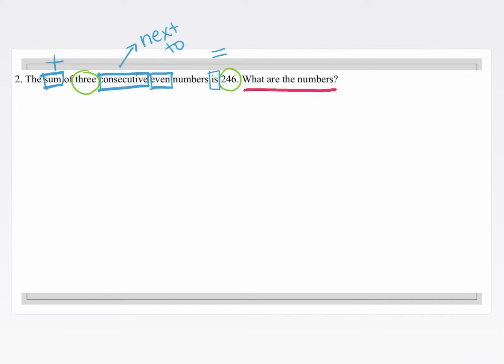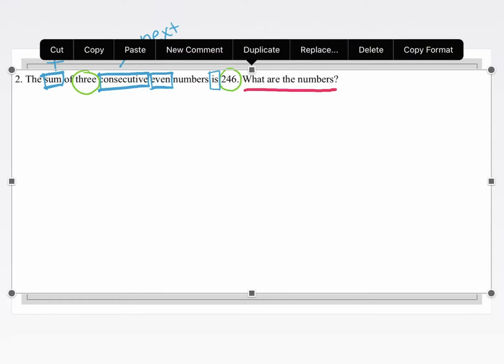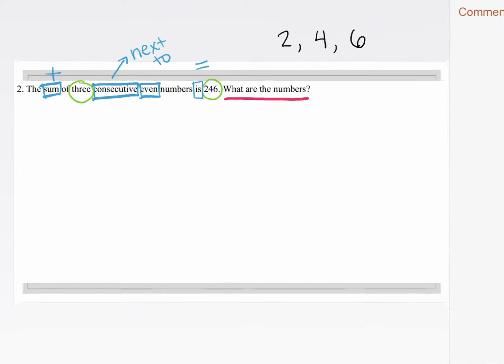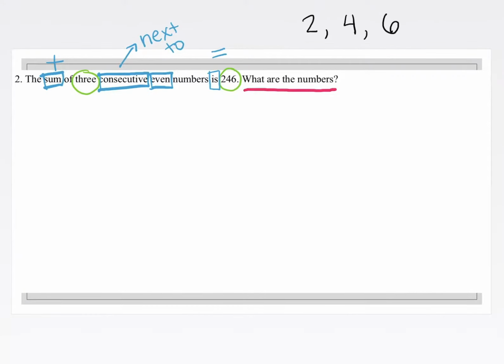So for example, 3 consecutive even numbers could be 2, the next even number would be 4, and then 6. However, when we add these 3 numbers up, we should get 246. Whereas when we add these 3 numbers, we get 12. So it's not these 3 numbers, but instead it's a little bit bigger.